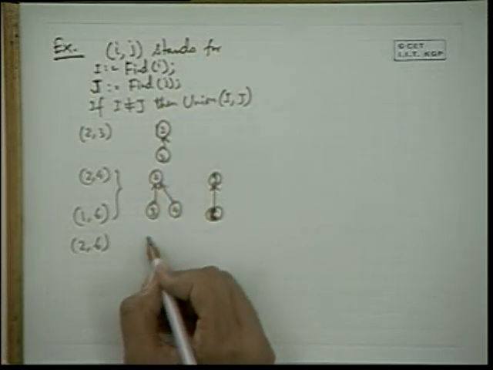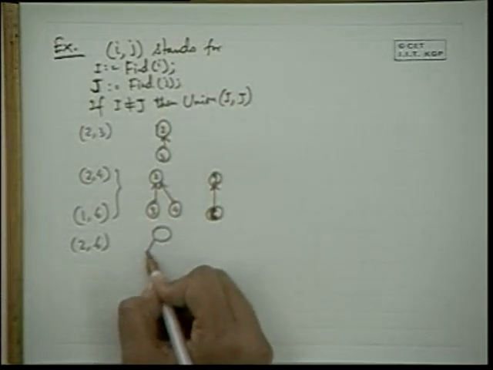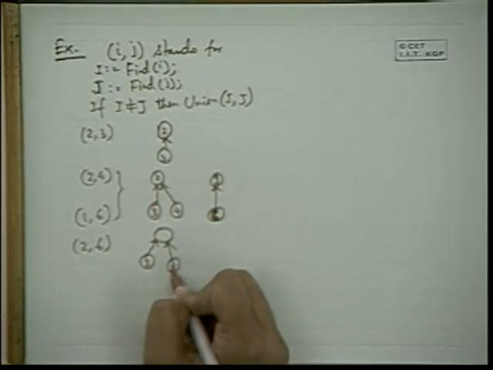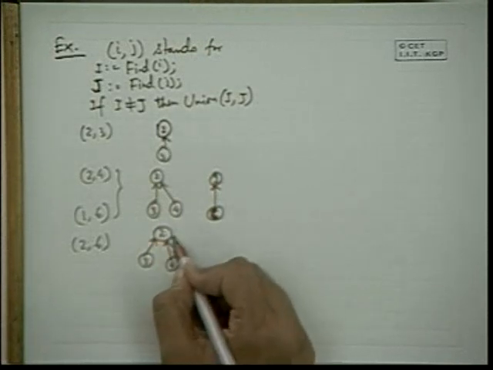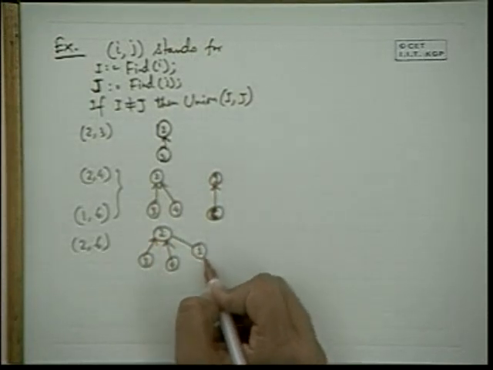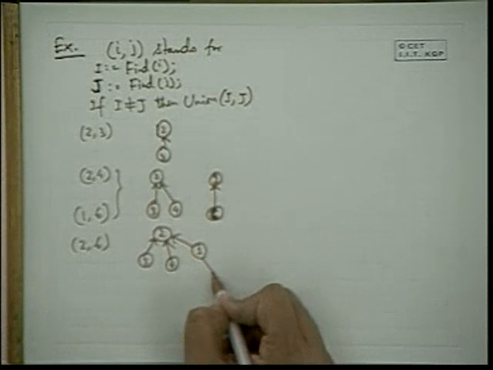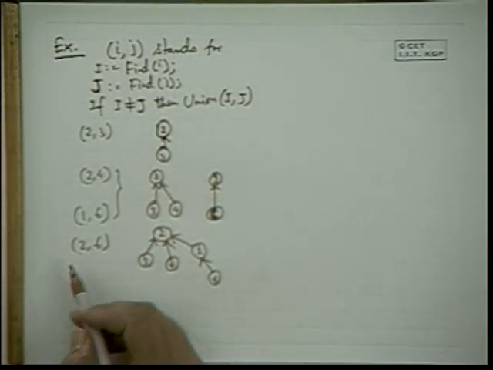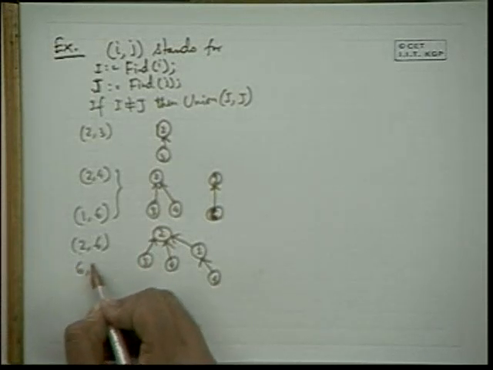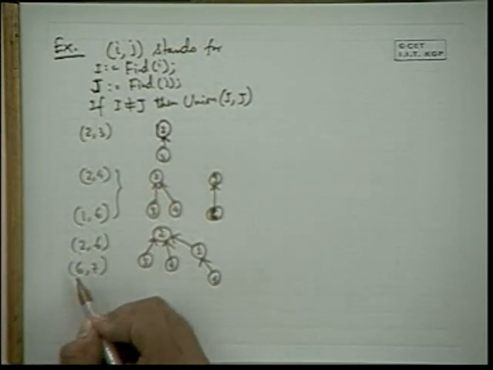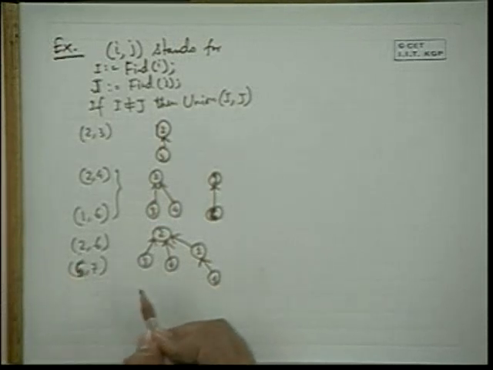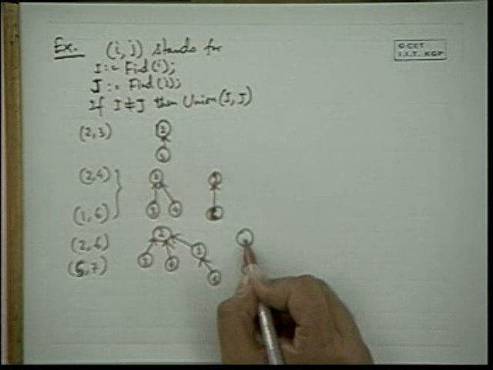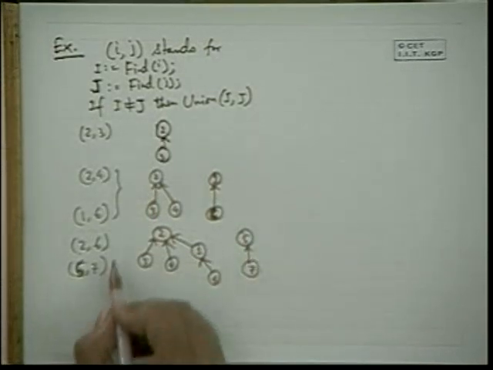So 1 has to be joined to 2. What we get is 2 with 3 and 4, then 1 joins to this. By this operation, this will be the tree now. Now suppose comes 5, 7: I will have 7 here and 5 here.